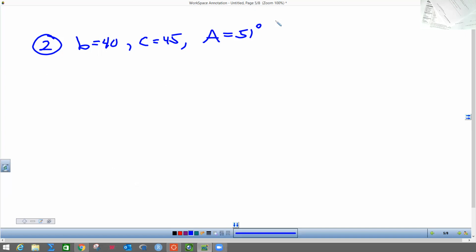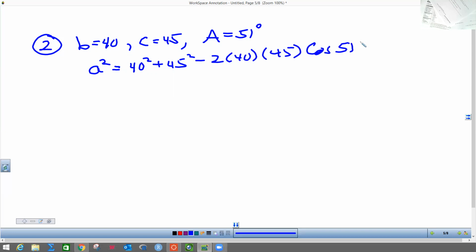So I would go first, I would write my formula down and I would put a squared equals 40 squared plus 45 squared minus 2 times 40 times 45 times the cosine of 51. I have just plugged in everything right into the formula that I gave you first. Y'all see that?